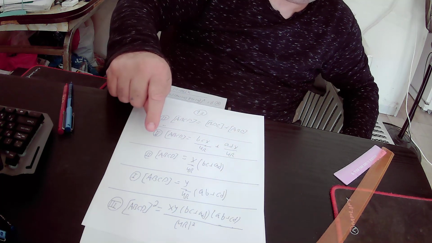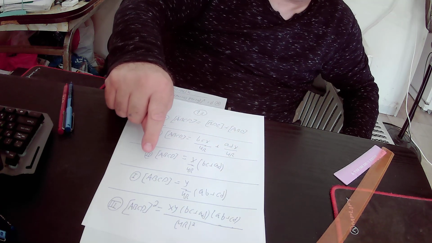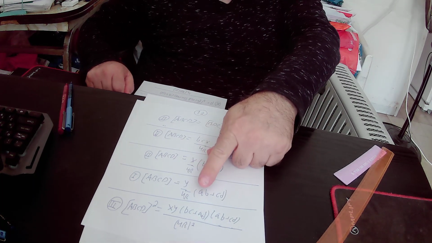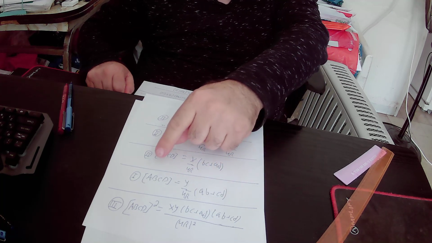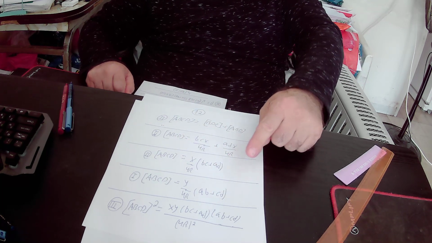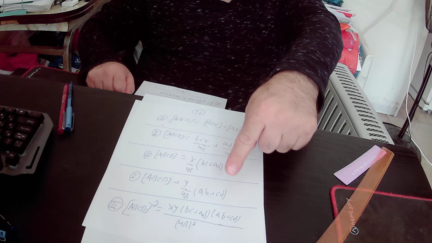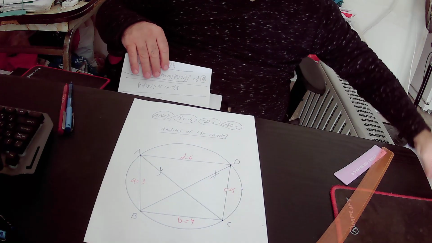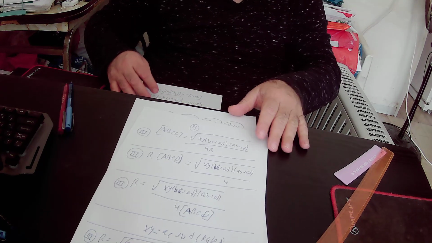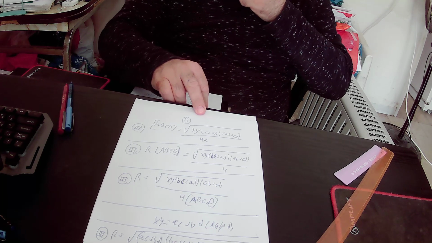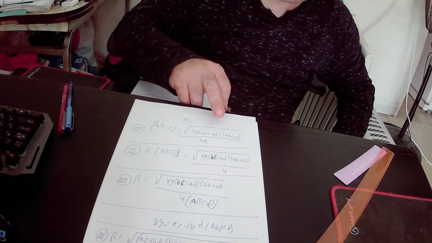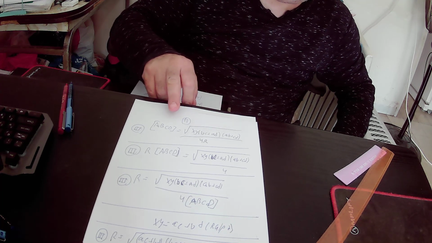We multiplied equation number 2 by equation number 1, and we got this expression after we multiplied those two equations by each other. Then we took the root of this expression, and we got that the area of quadrilateral ABCD equals this expression. We multiplied equation number 3 by the radius.